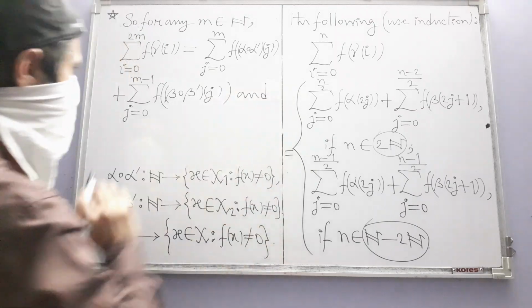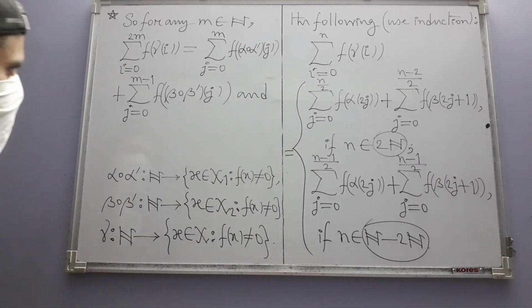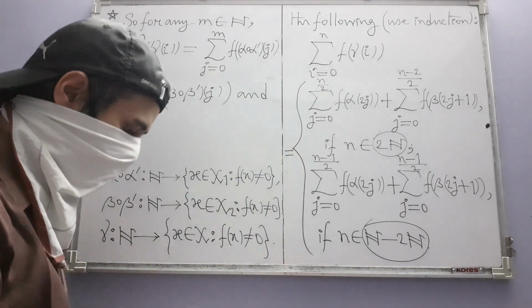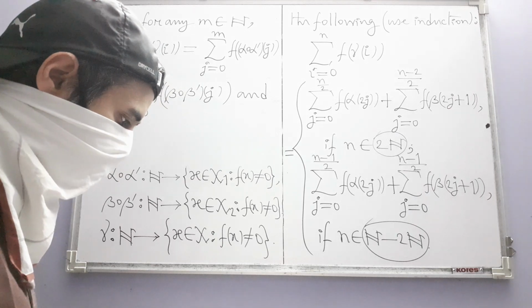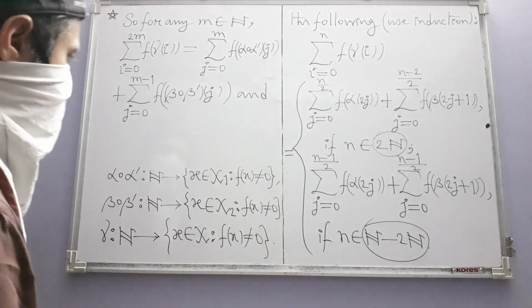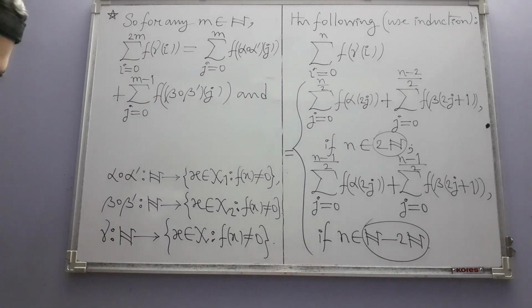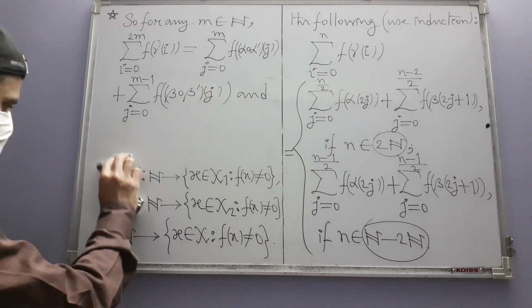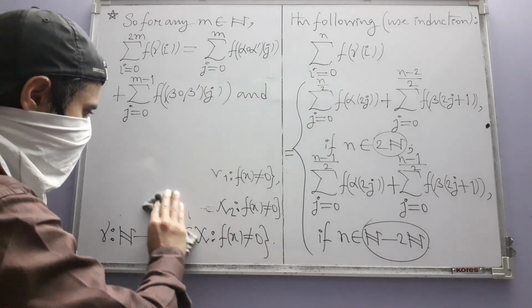And another one where in place of 2m, we have 2m plus 1.